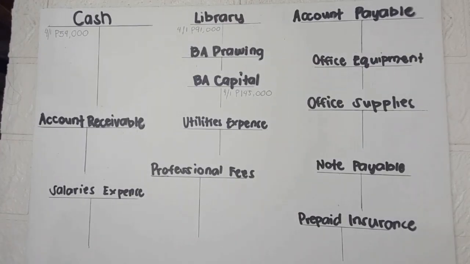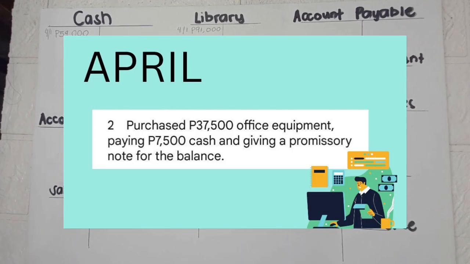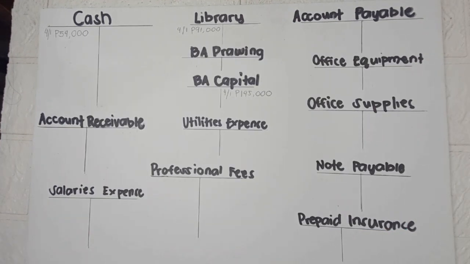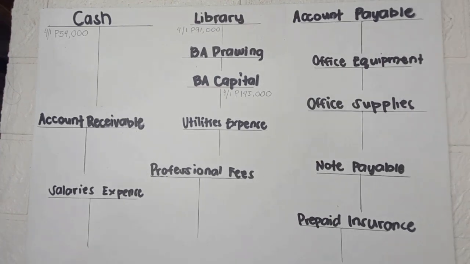For the next transaction, on April 2, purchased 37,500 office equipment, paying 7,500 cash and giving a promissory note for the balance. So the account titles will be Office Equipment, Cash, and Note Payable. For the office equipment, the 37,500 will be on the debit side.